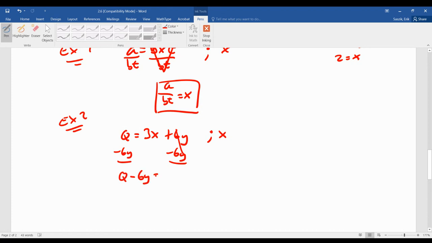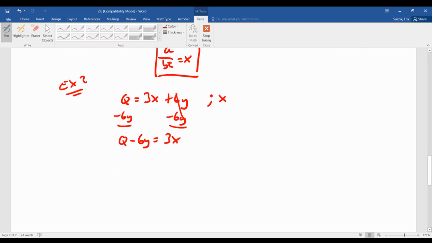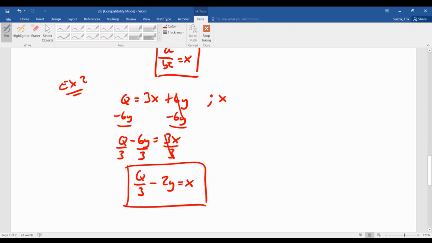So we just write q minus 6y equals 3x. Now, divide each term by 3. Q over 3 doesn't simplify, but 6 over 3 does. It becomes 2y. And there you go. See, it's not so bad.